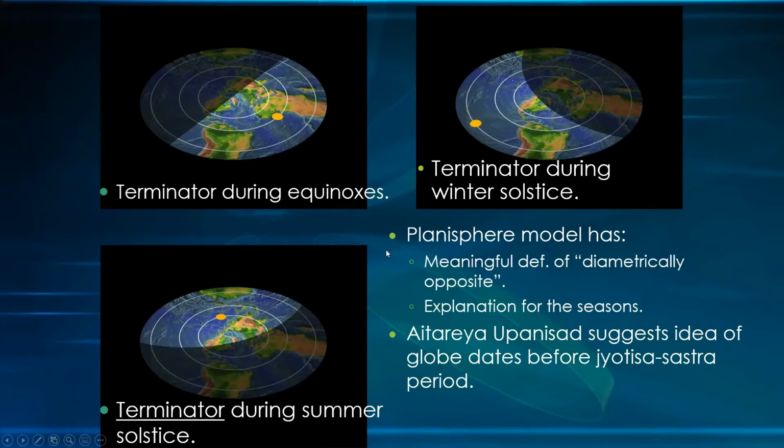But when it goes down to the winter solstice, down here, when the sun is at the Tropic of Capricorn, the terminator, as you can see, moves in such a way that most of the south will get the sunlight, and not so much the north.